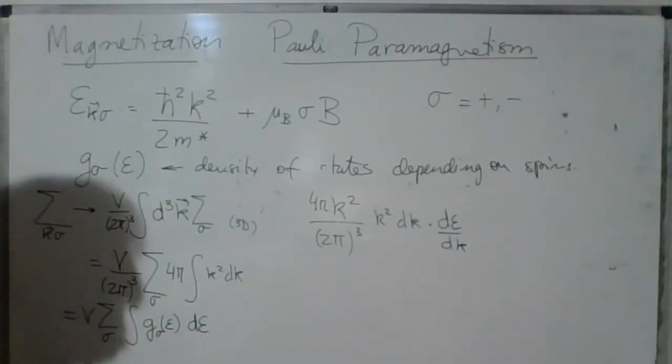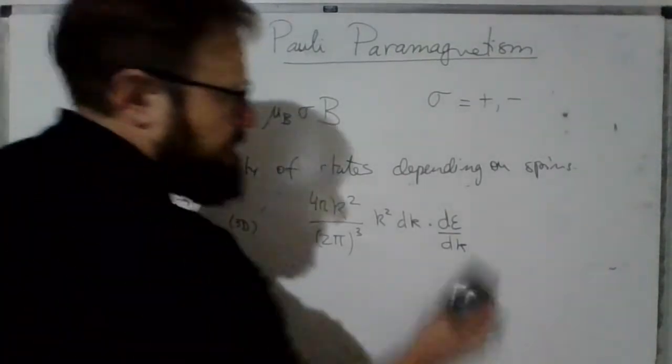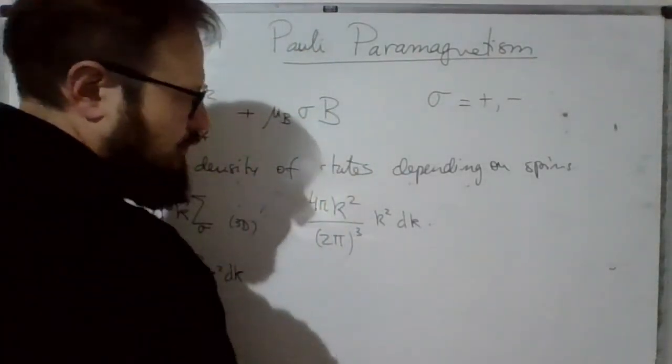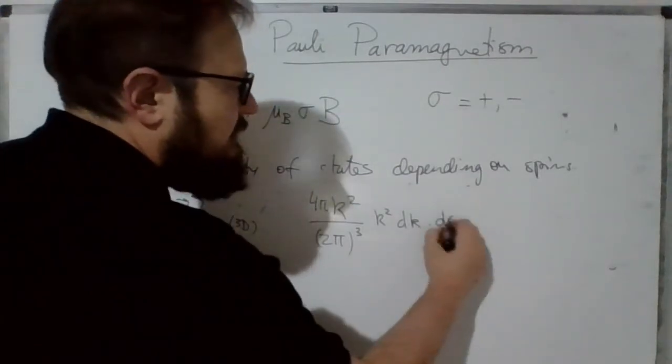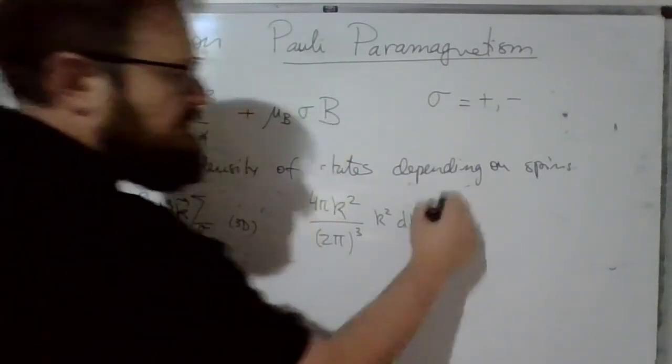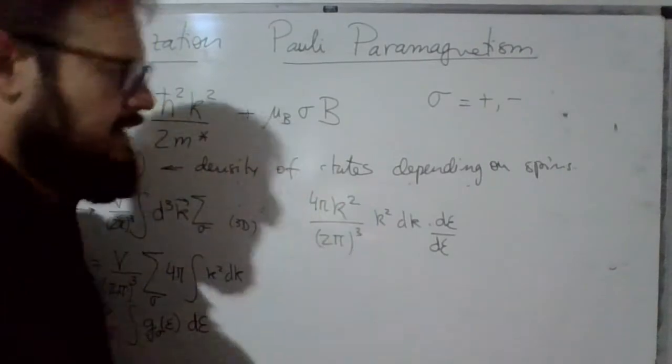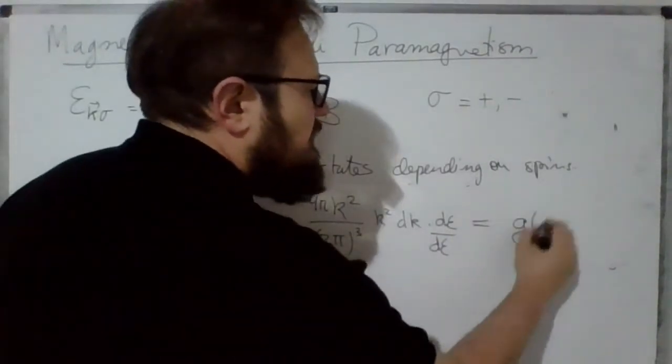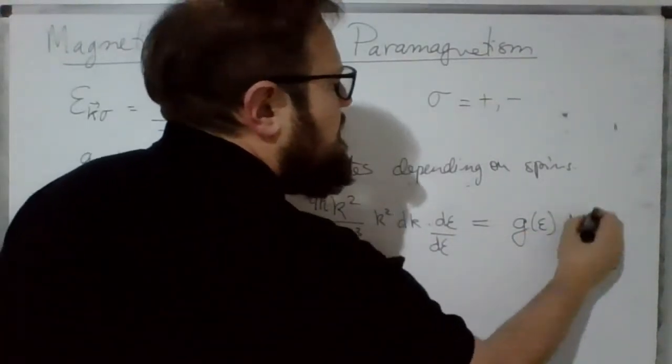Okay, this is what we are doing, or to be precise, we multiply here by dE over dE, because I need to multiply by 1. It is equal to G of E times dE.